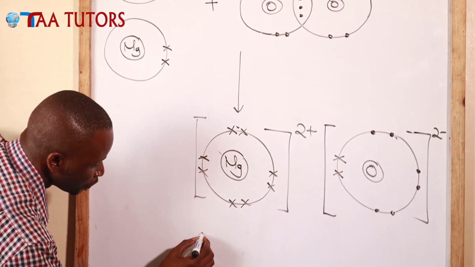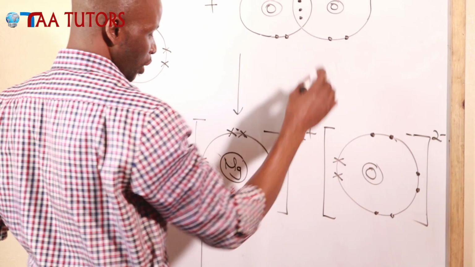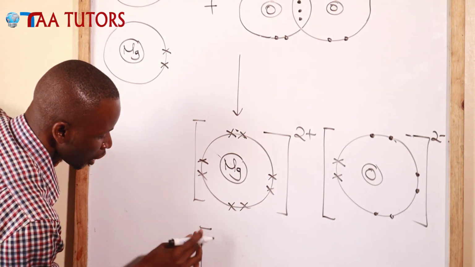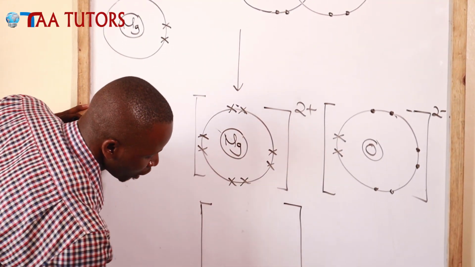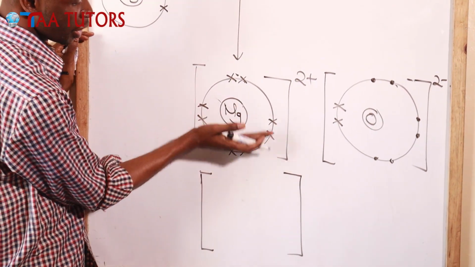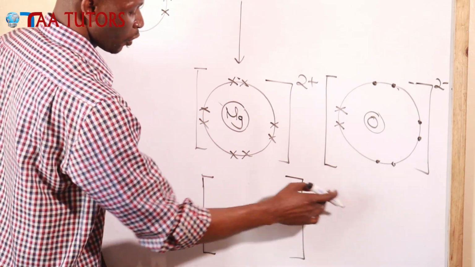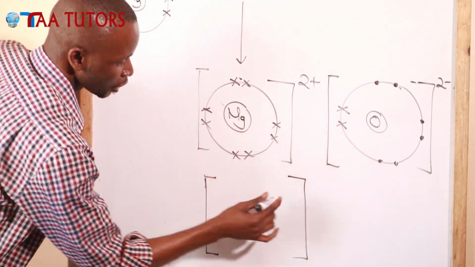If I have another one, because as we have seen there are 2 of such bonds, we have just drawn one. Like I said before, for attraction to take place, in this case I cannot put magnesium here because then there will be repulsion. Magnesium must be on the other side. Now we have the oxide ion here. That's 2 minus.